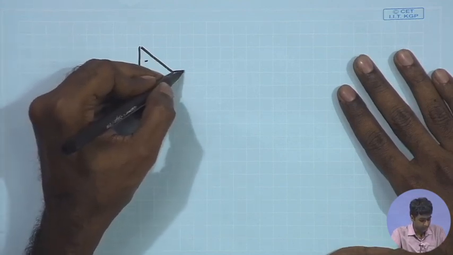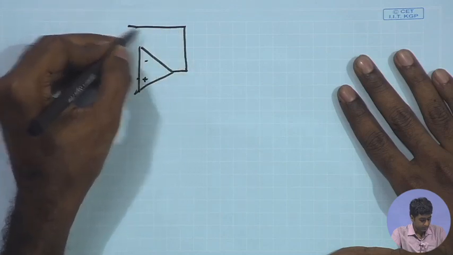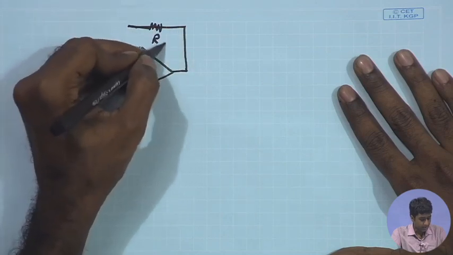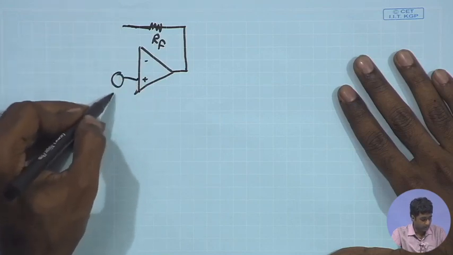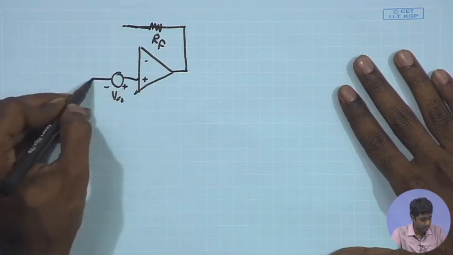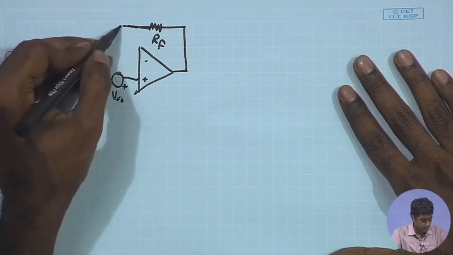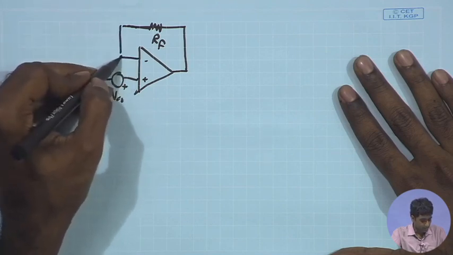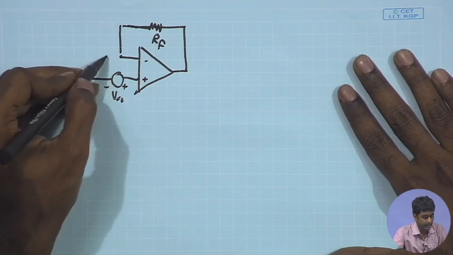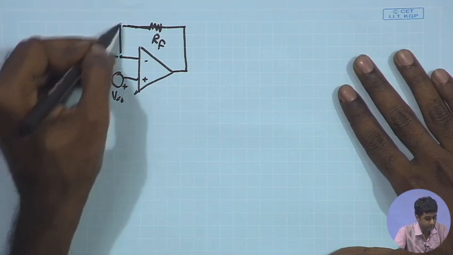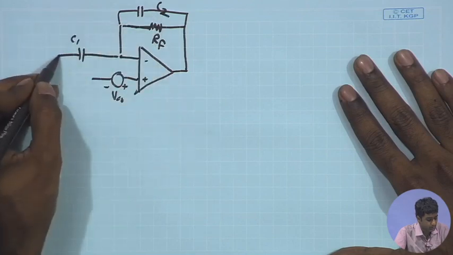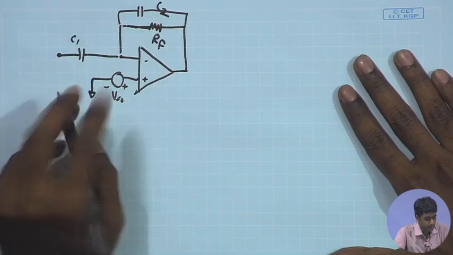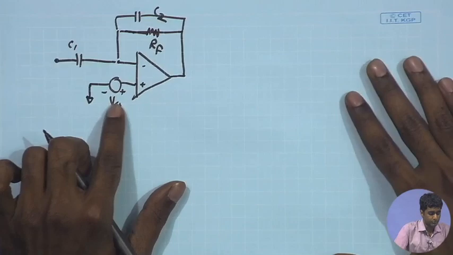You are having a large resistor RF that we saw in our example connected over here, and you are having the V offset plus minus, and you are having negative feedback, and then of course you have the capacitors which are implementing the gain. You are having C1, C2, and on the other side, suppose you are having a DC potential.